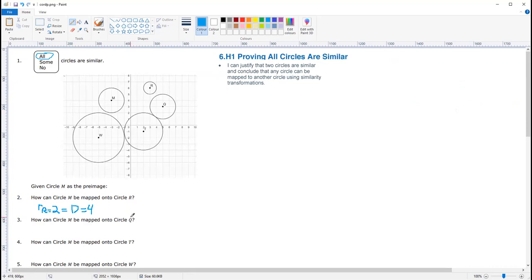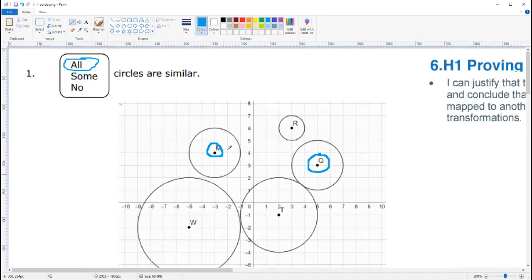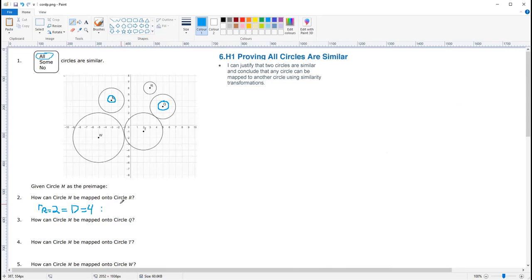So how can M get mapped onto Q? Oh, we need the center point as well. Center point is -3, 4. So we need to match center points.